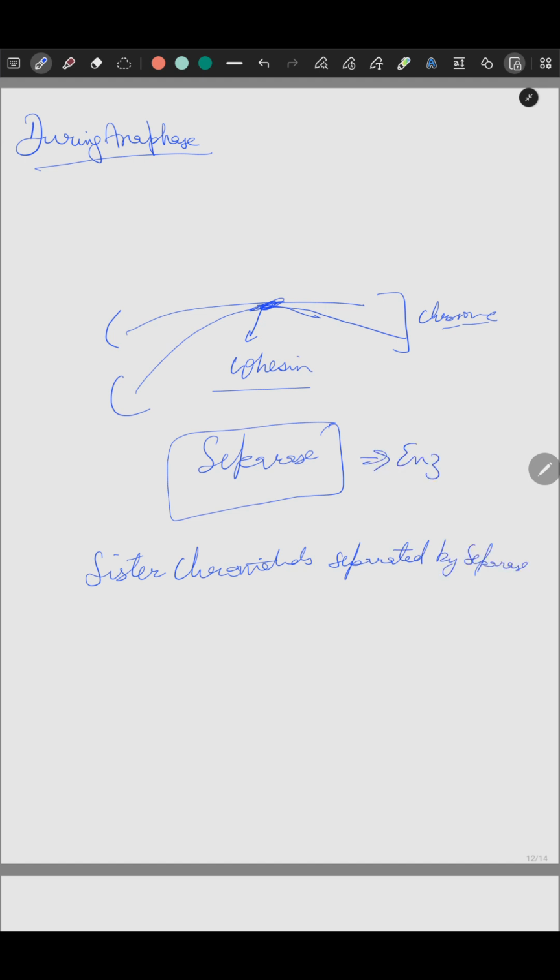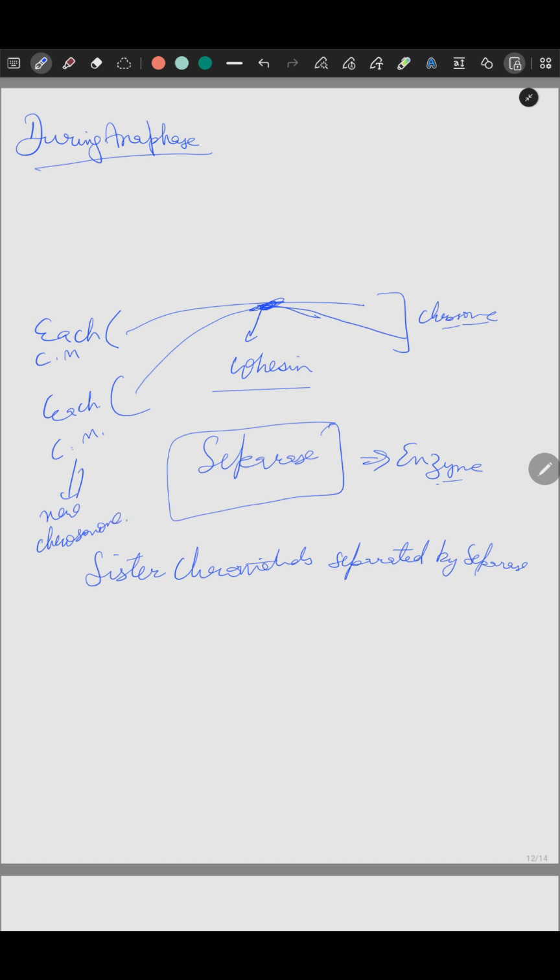Then each chromatid, I'm writing it here, each chromatid will form a new chromosome, or individual chromosome.